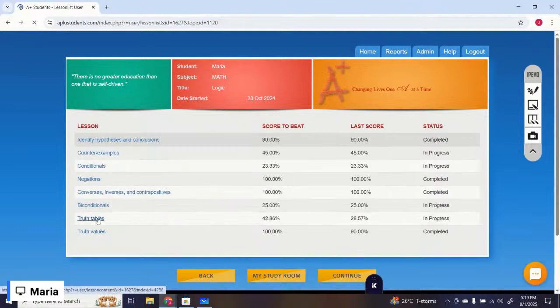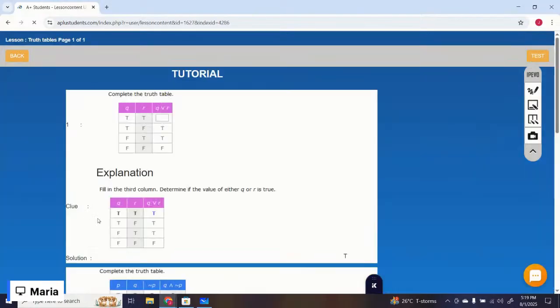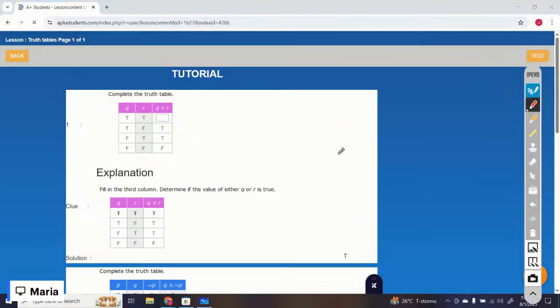Okay, let's just start with the lesson truth tables. Complete the truth table. Fill in the third column. We are given the two columns Q and R. The third one is Q or R, right?